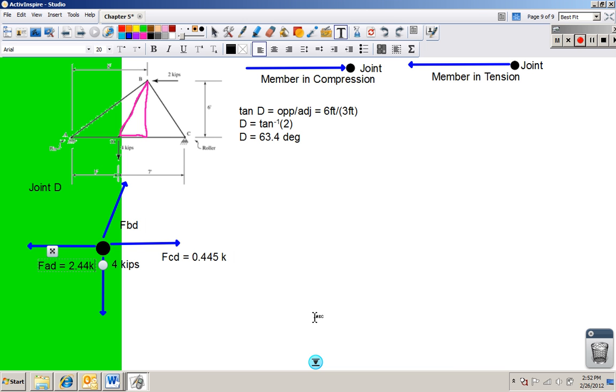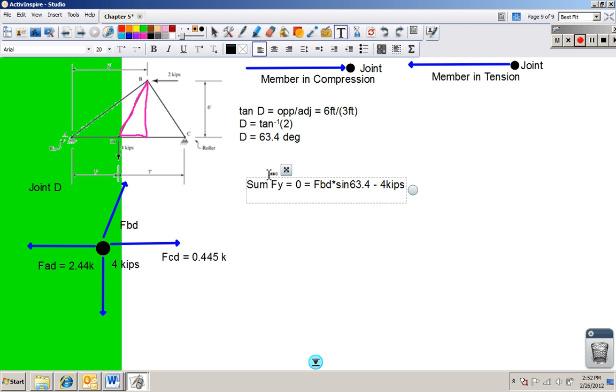So we know this angle, we know all these forces. We can write sum of forces X or sum of forces Y to solve for FBD. So if we do the sum of the forces Y is equal to 0, that is FBD times the sine of 63.4 minus 4 kips.